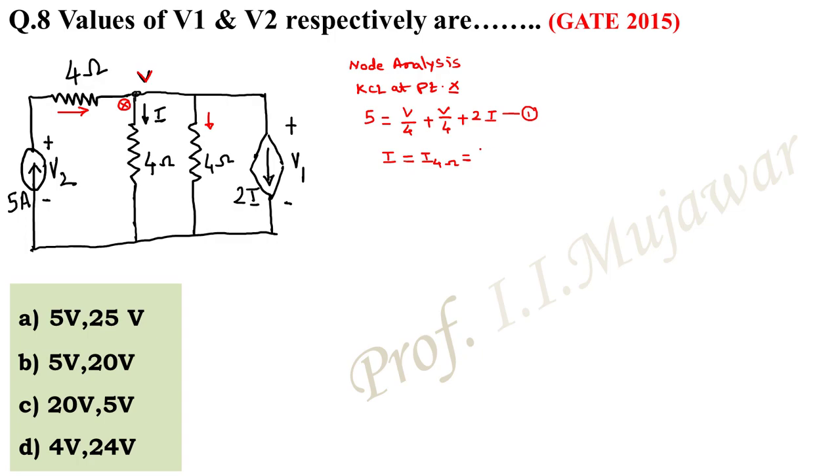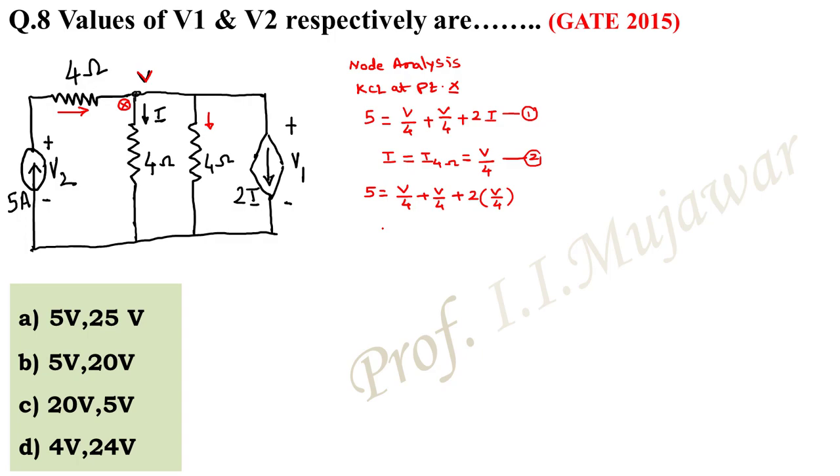Again using Ohm's law, this is nothing but the voltage divided by the resistance, so this is V by 4. Equation 2. If I use equation 2 in 1, what we have is 5 is equal to V by 4 plus V by 4 plus 2 into V by 4.